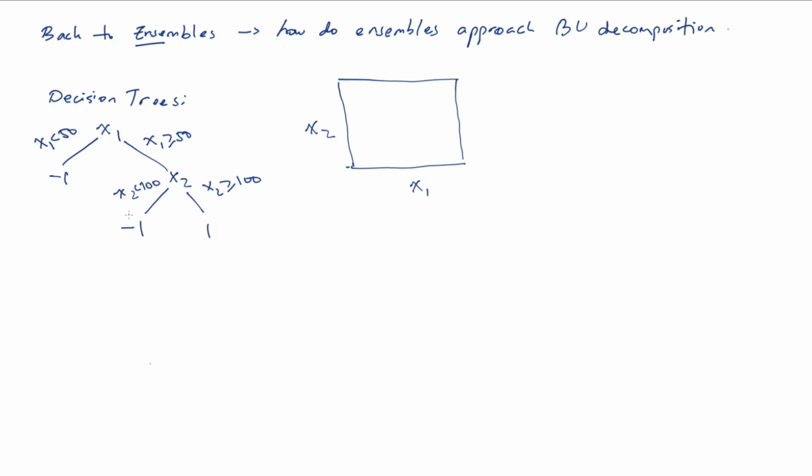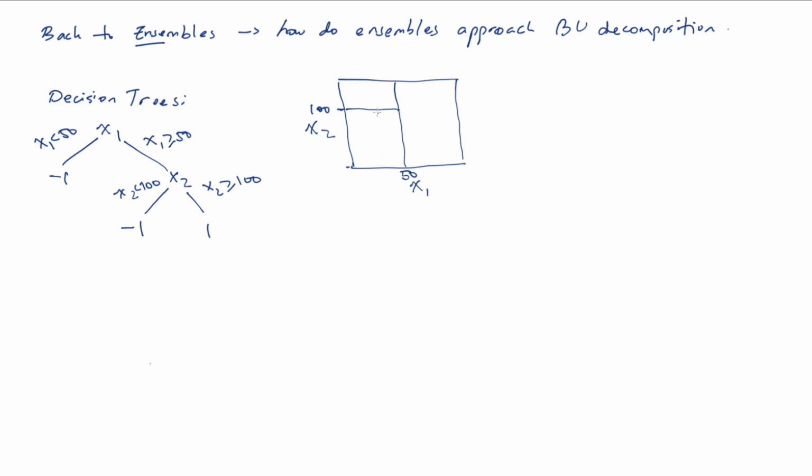So this is an example of a decision tree, and what does this look like in terms of the decision space, or the decision boundary that it's coming up with? Well, if we look at x1, we're splitting that at 50, and if we look at x2, we're splitting it at 100.